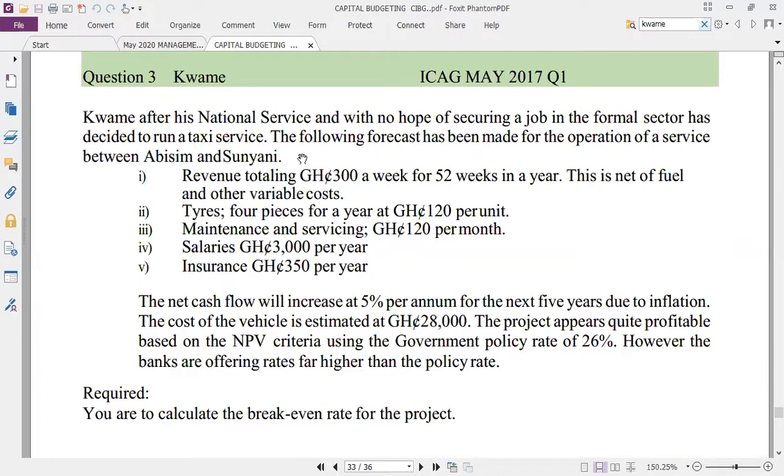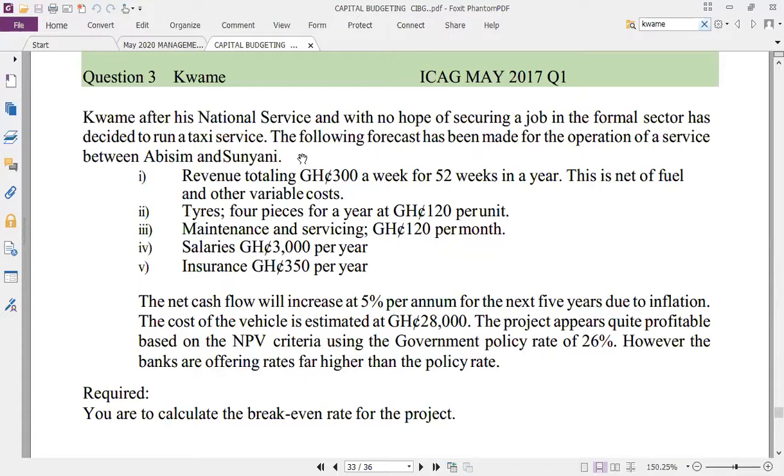The net cash flow will increase at 5% per annum for the next 5 years due to inflation. The cost of the vehicle is estimated at 28,000 cedis.